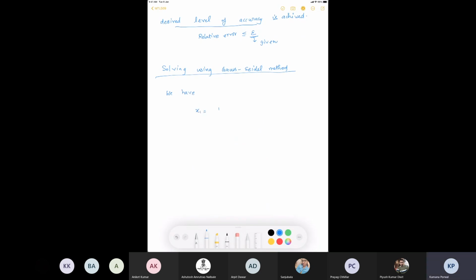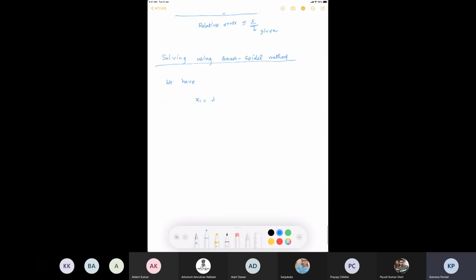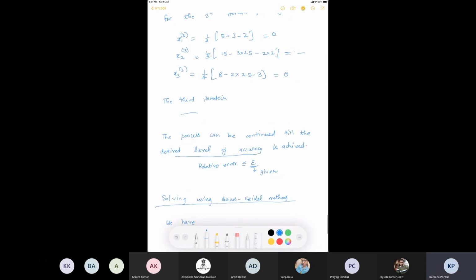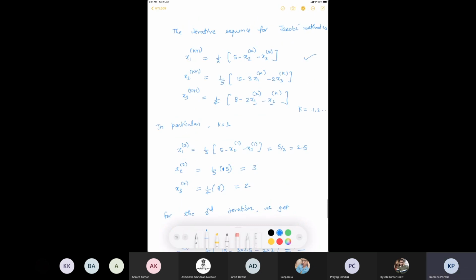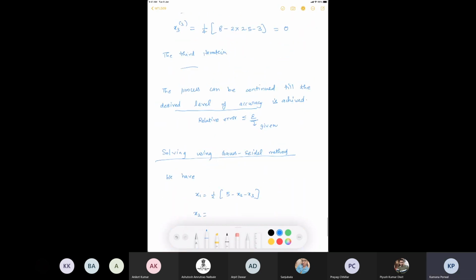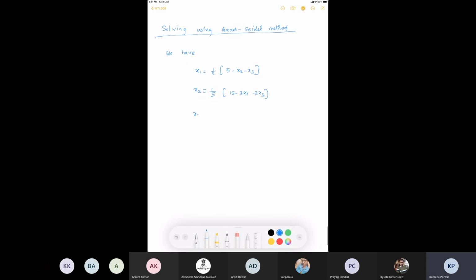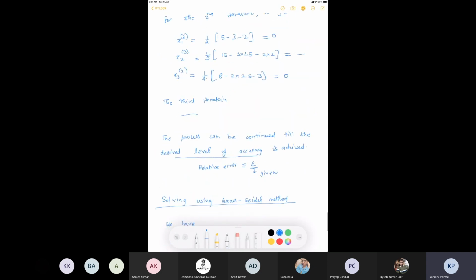So x1 is 1 by 2 times 5 minus x2 minus x3. And x2 is 1 by 5 times 15 minus 3x1 minus 2x3. And x3 is 1 by 4 times 8 minus 2x1 minus x2.